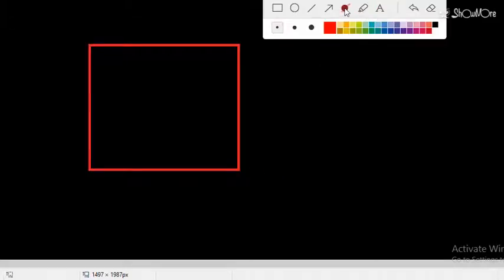This side is A. Correspondingly, this side will also be A because the sides of a square are equal.